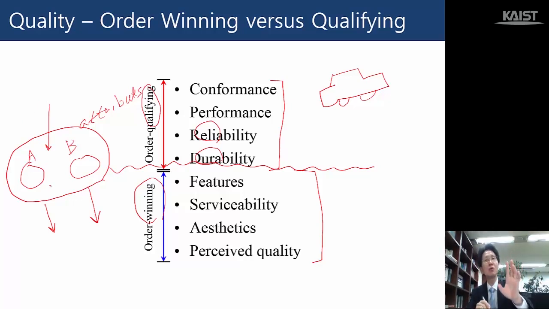What is the criteria the customer will use when she or he finally picks the product?